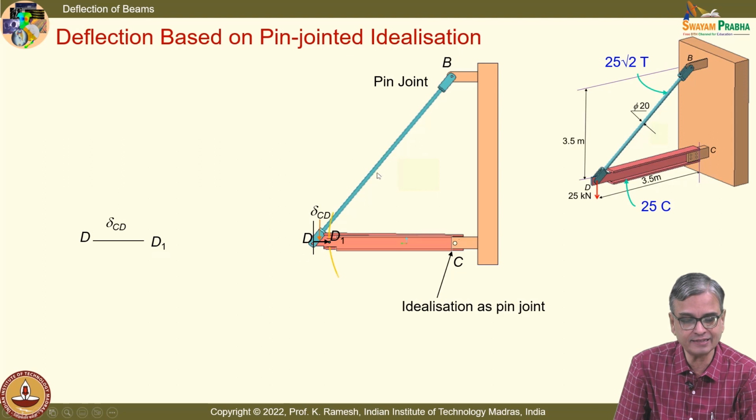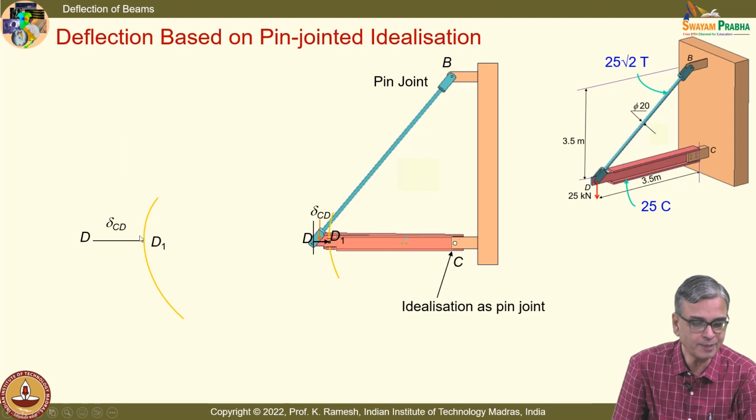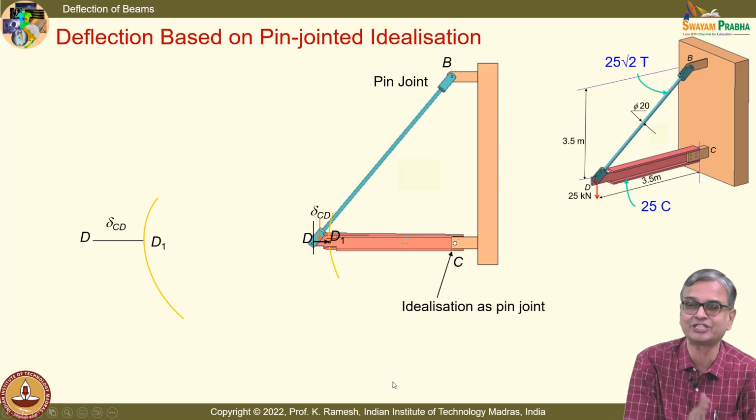And we have seen that this rod has an elongation, and we have also seen, because it is a pin joint, it can move only in an arc of a circle. Is the idea clear? So, this would be the probable path, but mathematically this is difficult to handle. So, I will replace the arc by its tangent.